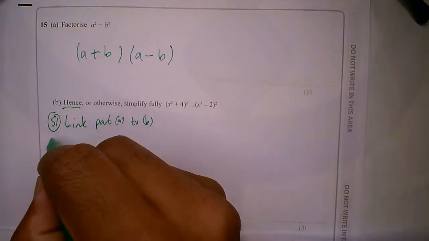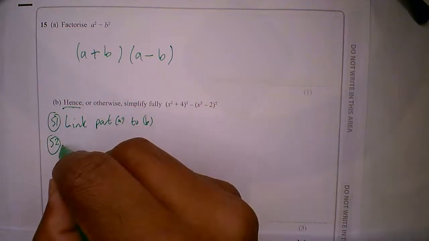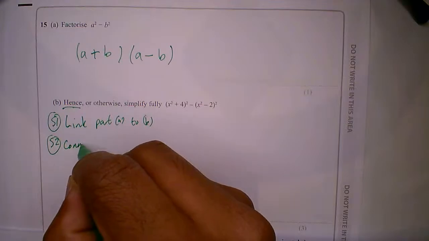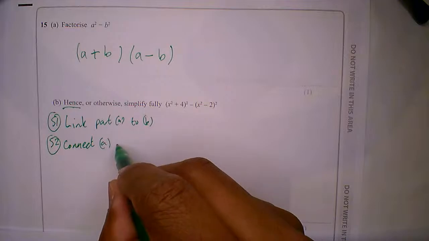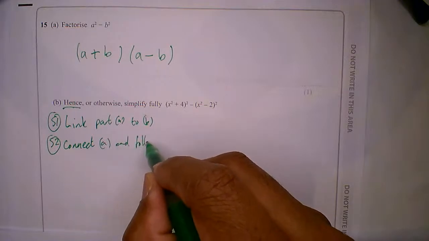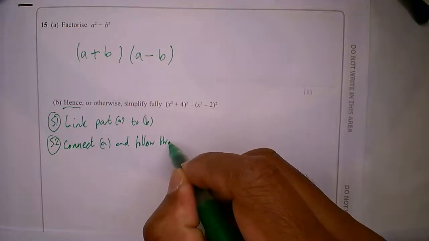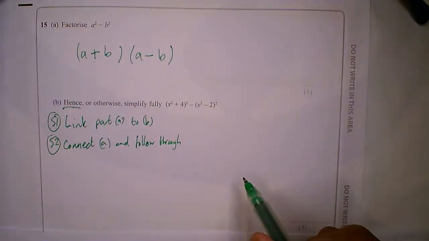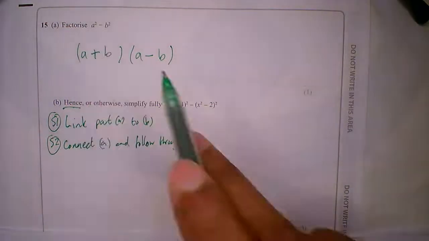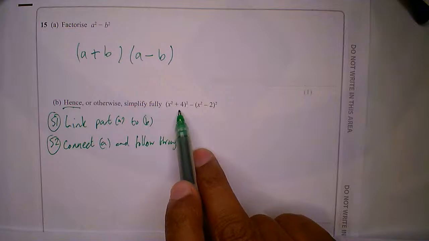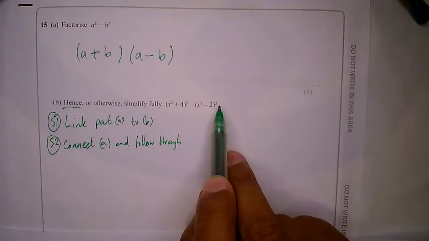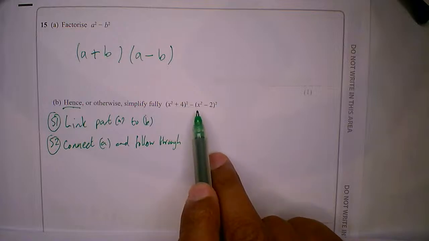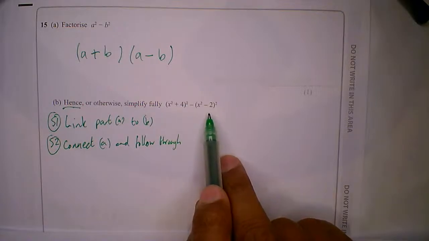So step 2 is connect part A, and follow through. So let's see if we can make a connection. A squared minus B squared. x squared plus 4, I'm going to ignore the brackets. I've got a squared, take away another squared. So can you see that? This is a difference of squares in a way.